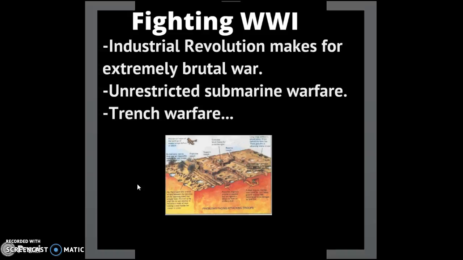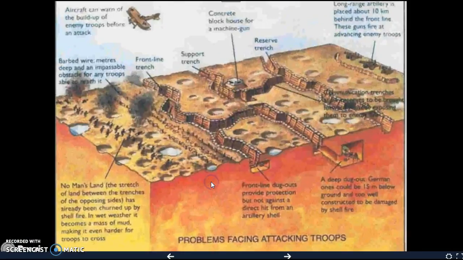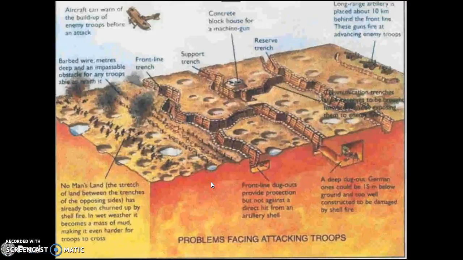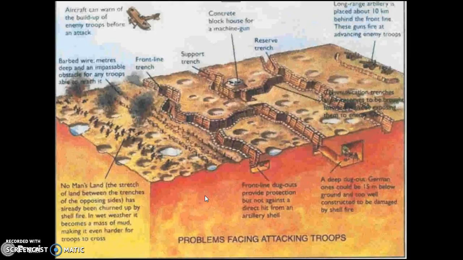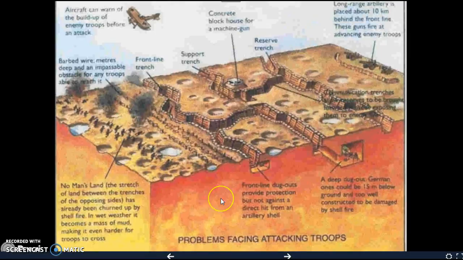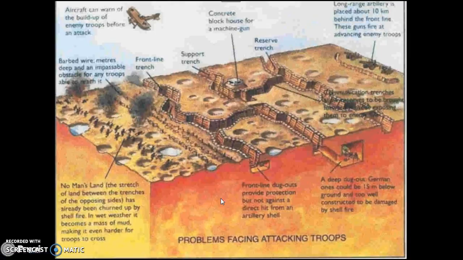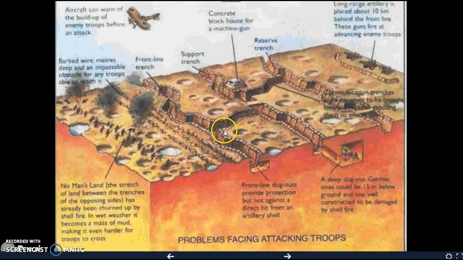And then the third thing that makes the war really brutal is trench warfare. So you have machine guns, which make trenches necessary. And so we have this system of trenches, and in order to get guys out of these trenches, you have to physically send soldiers through what's called no man's land. It could be up to half a mile wide, and the guys just have to get out of their trench and run across this big open land with guys shooting machine guns at them.